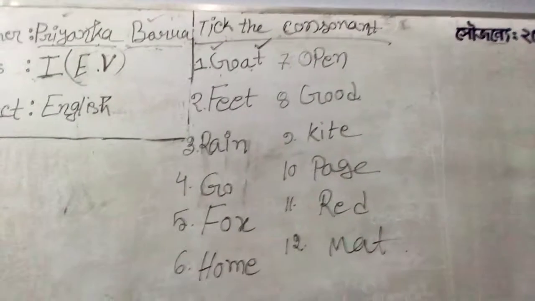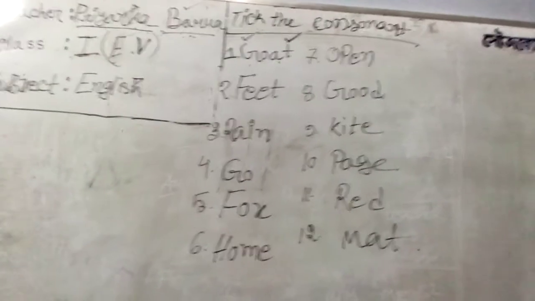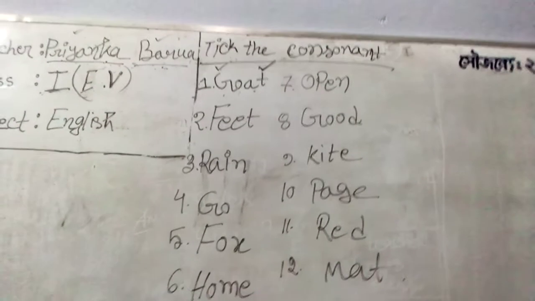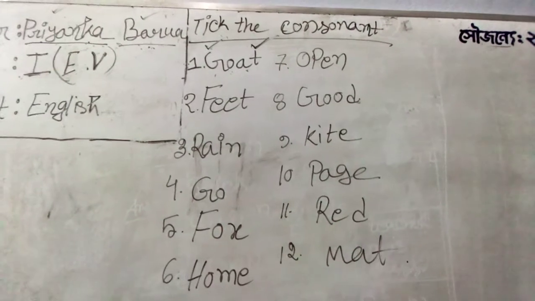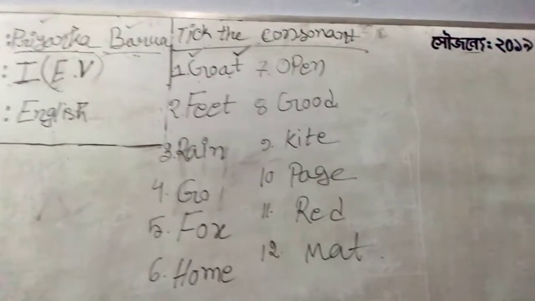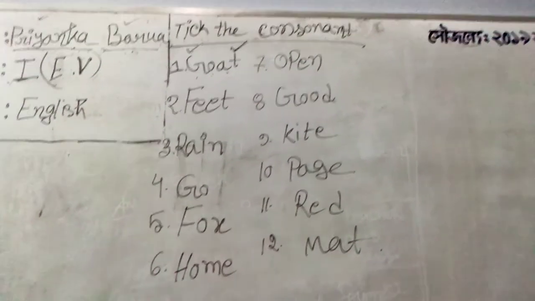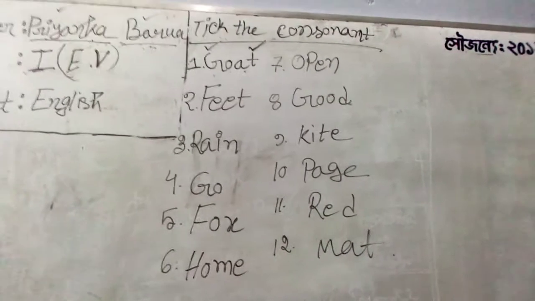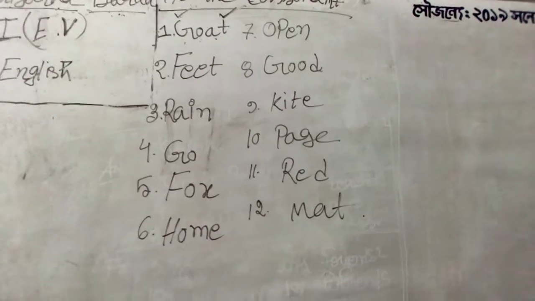One trick is to have a look at each and every single word. From the letters of the alphabet you can easily find the correct consonant. If you are not paying attention to the words, then you can never find the correct consonant. So to recognize the correct consonant, what should we do? We should go through each and every word first. Here, F-E-E-T, feet.